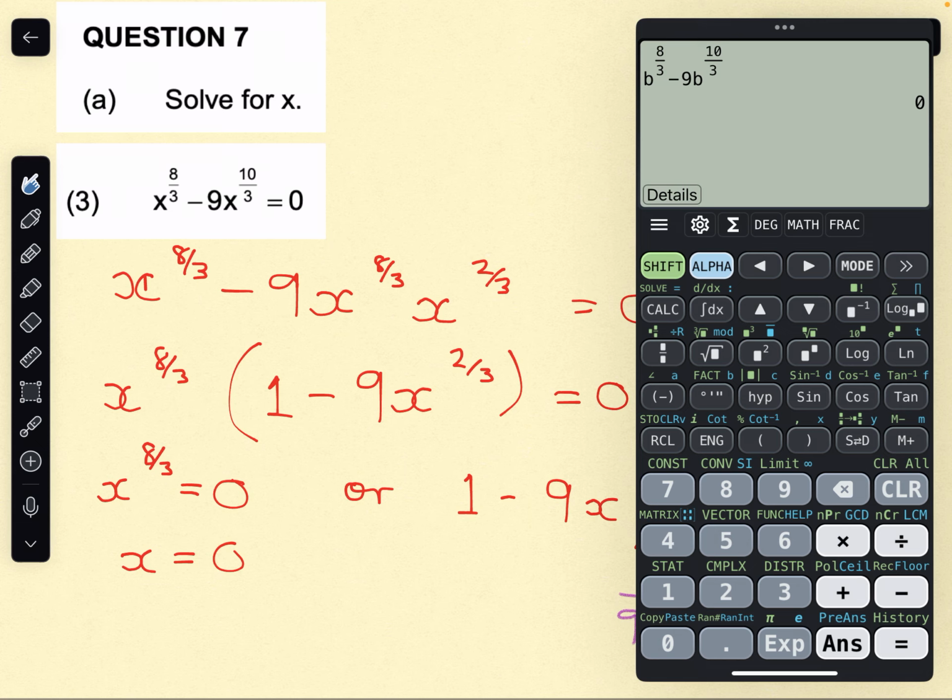And then the other alternative is for this B to be negative. So the negative version, right? Oh, and that does not work.